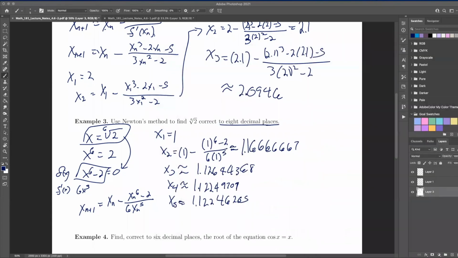And so what happens, what we say here, is once we have two of them, once we've done this enough that this agrees to 8 digits, right? Or 8 decimal places, right?